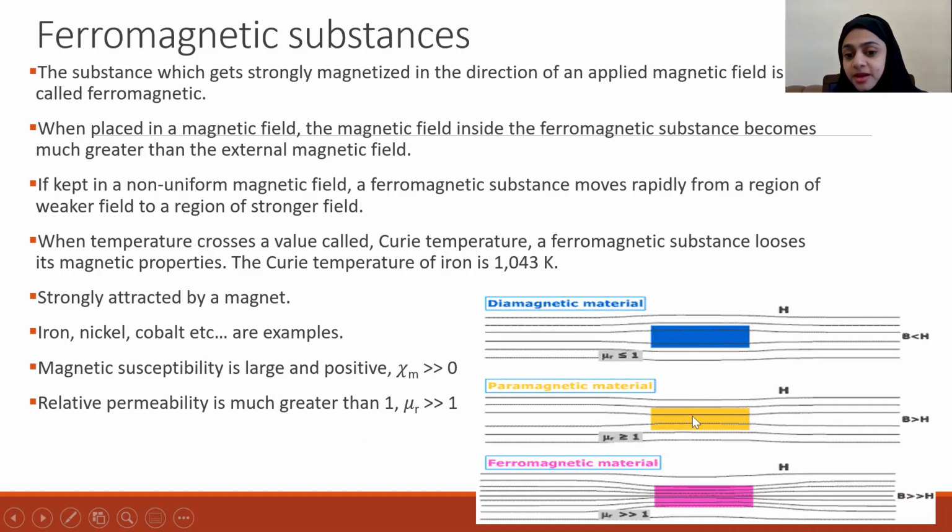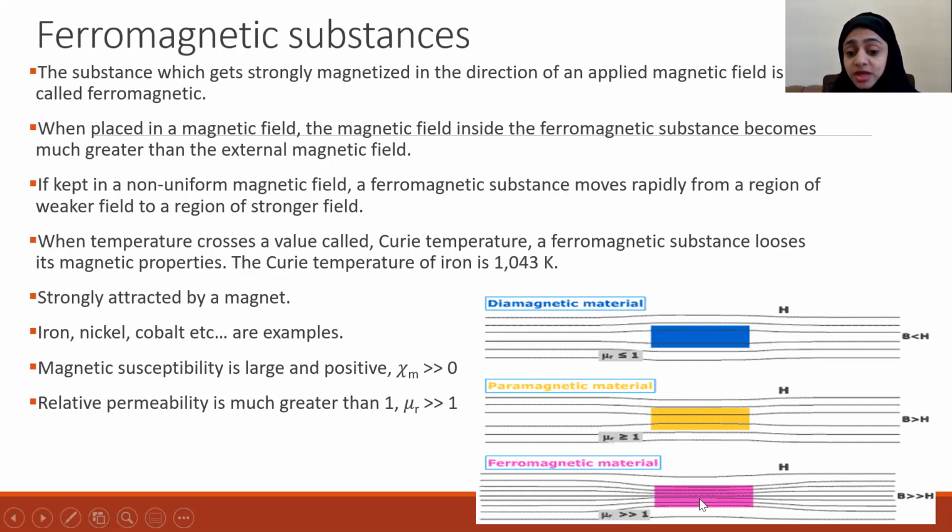Here you can see paramagnetic materials slightly attract the magnetic field towards it. Therefore, the magnetic field lines are slightly bent into the material, while the ferromagnetic materials strongly attract the magnetic field lines surrounding it.